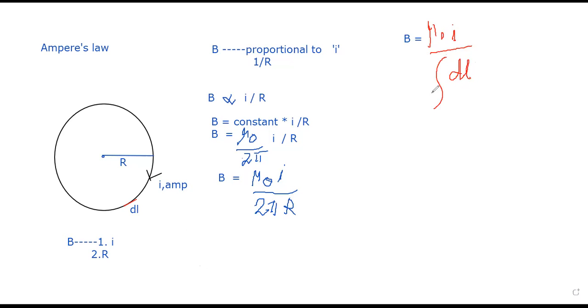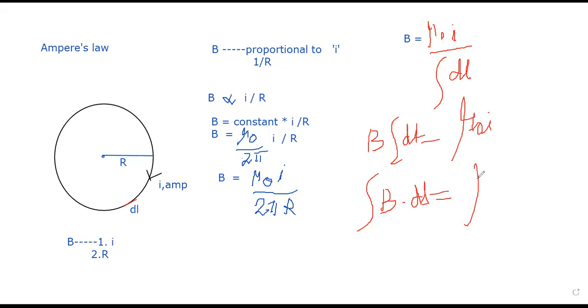I will take this line integral of dl to the other side. Then this will be B times the line integral of dl equals mu naught I. So we can rewrite this as a line integral, taking B inside the integral: the integral of B dot dl equals mu naught I. So this is written in terms of integration.